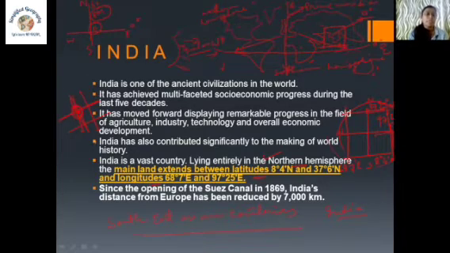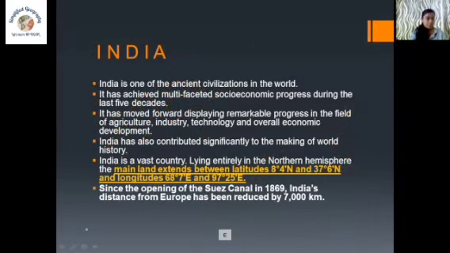That's why you need these two coordinates, like from 8 degree 4 minute to 37 degree 6 minute north, again 68 degree 7 minute east to 97 degree 25 minute east. So these coordinates are important to find out the exact location of a particular place. Otherwise, we won't be calculating time correctly.